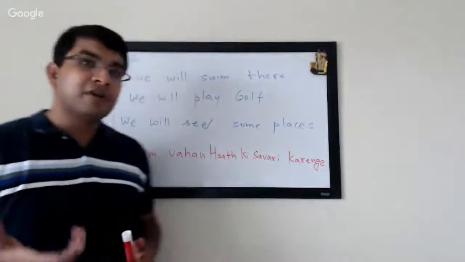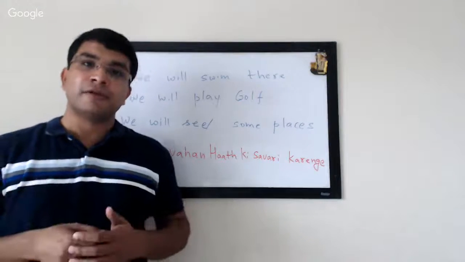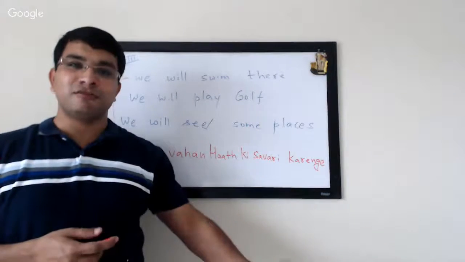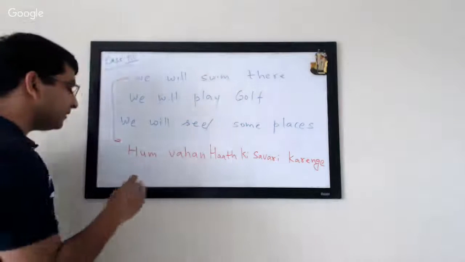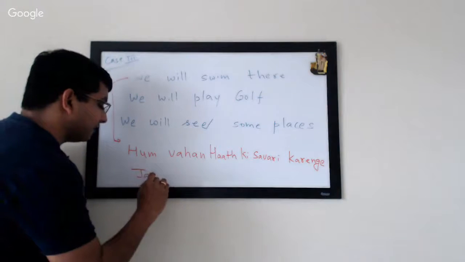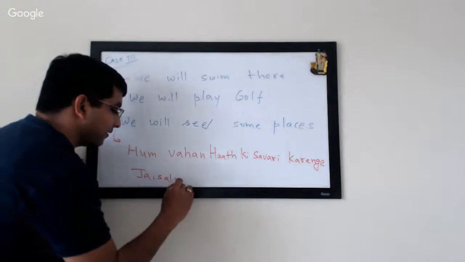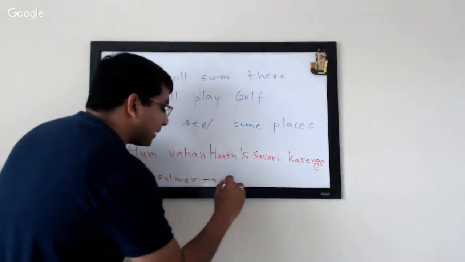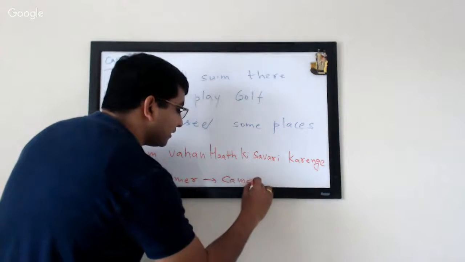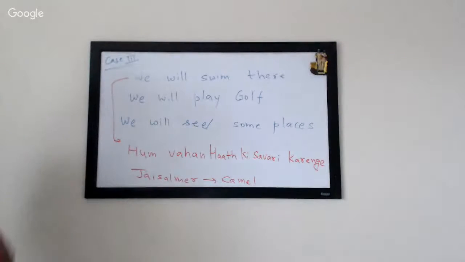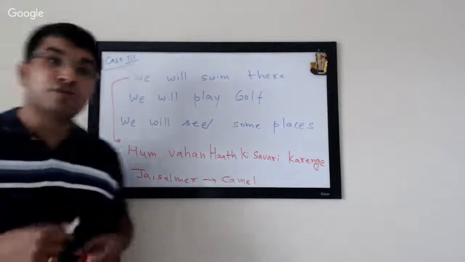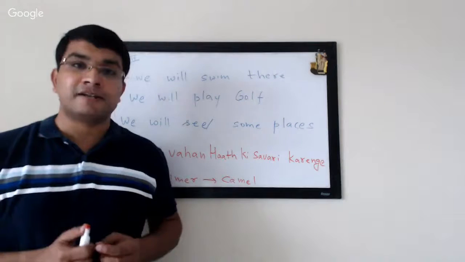Similarly, if you're doing a camel ride, let's say you're going to Jaisalmer, in the northwest part of Rajasthan, and in the desert they have a lot of camels. Let's say you want to say that let's go to Jaisalmer, we will do some camel rides there.